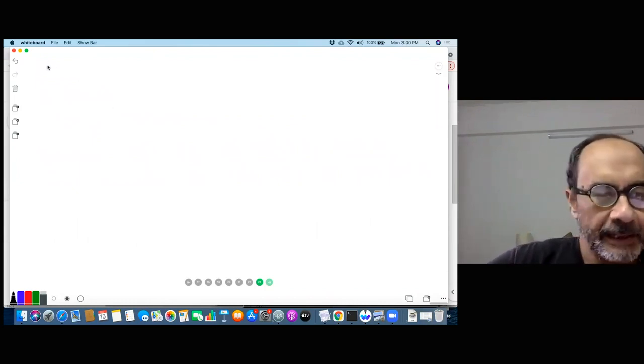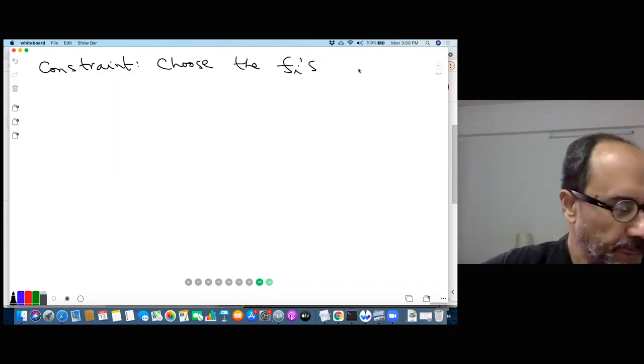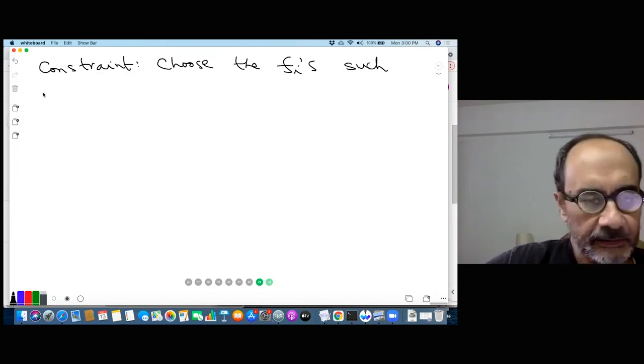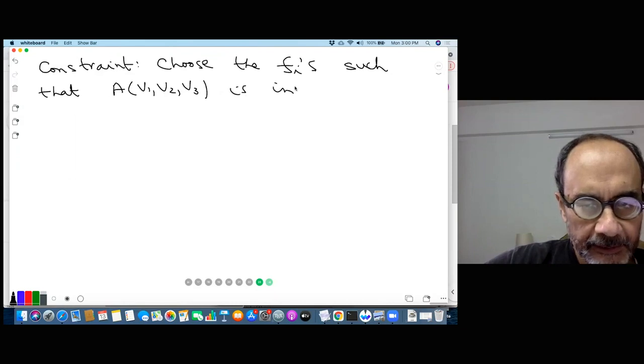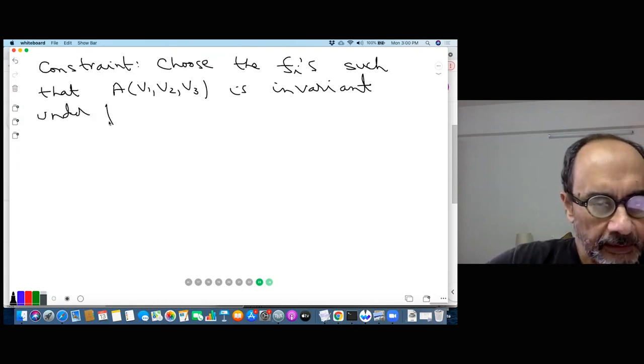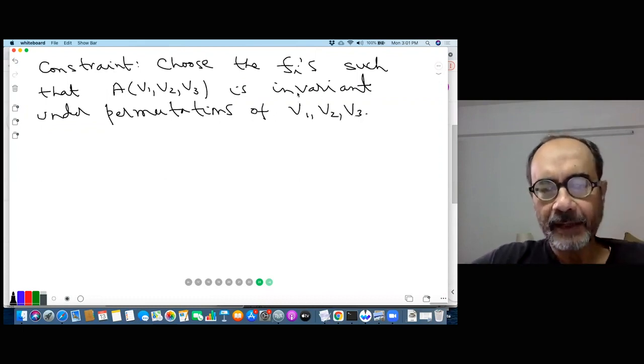So we'll put a constraint, we'll choose the f_i's such that A(V1, V2, V3) is invariant under permutations of V1, V2, V3.